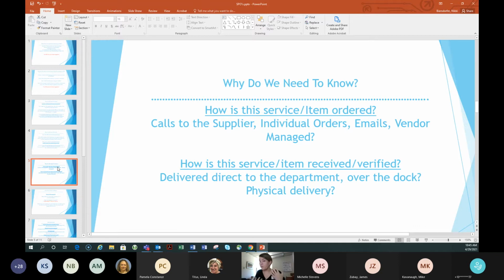How is it ordered? How does the vendor know what to send? How does the vendor know what to bring? When does the vendor bring stuff? Who checks it in? Is it the doc? Because if it's the doc, we have to give them a document to be able to check that in off of. It can't just be this like, oh, just trust the supplier, it's okay, accept whatever they bring. Not really a best practice, okay? So just keep that in mind.